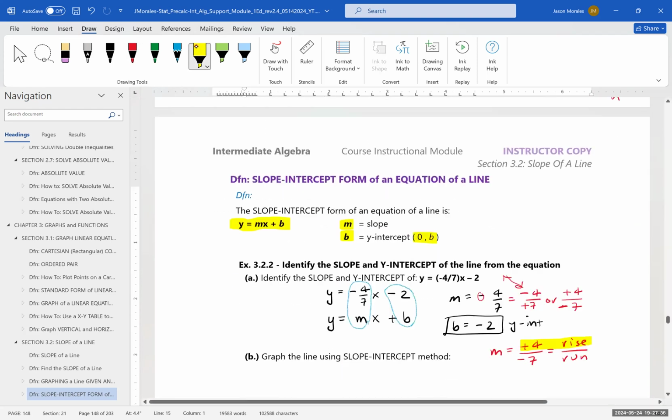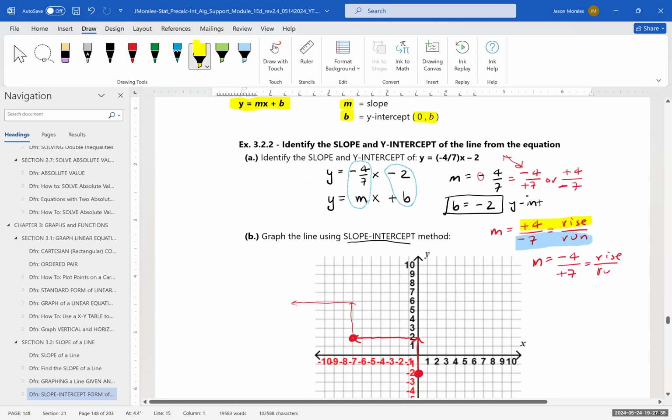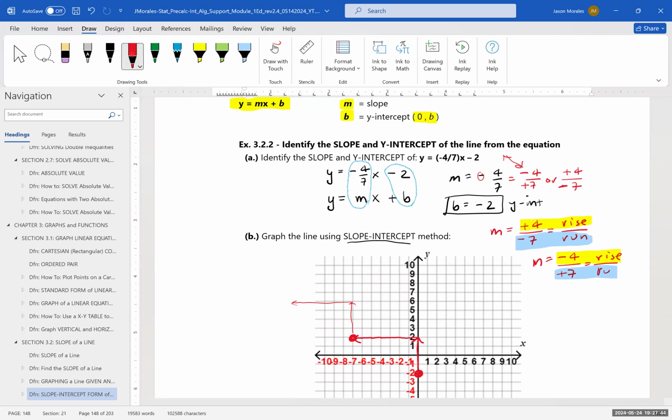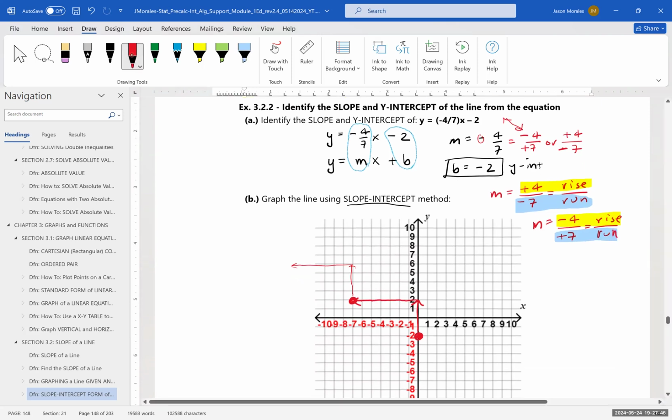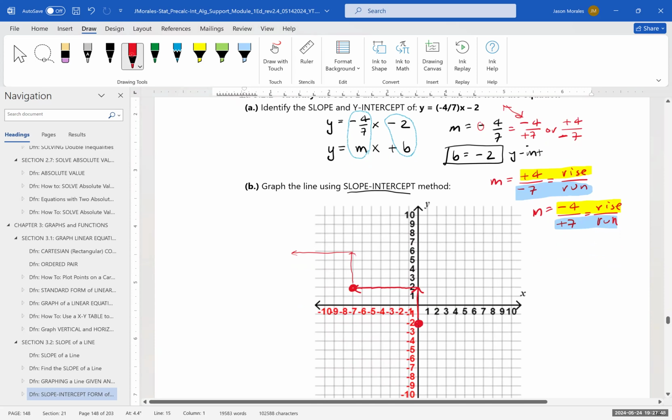So now let's plot a negative rise and a positive run. All right. So from our y-intercept, we'll have a negative rise. That means we're going to go down 4. 1, 2, 3, 4.